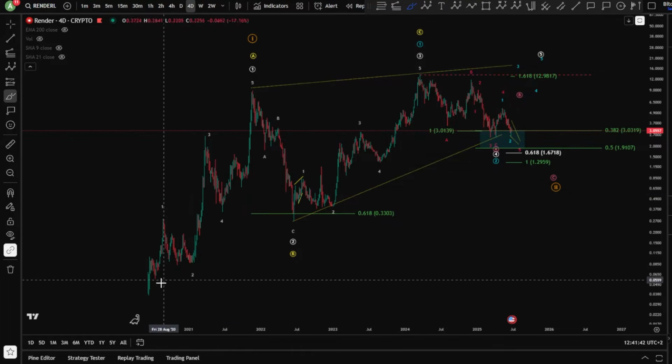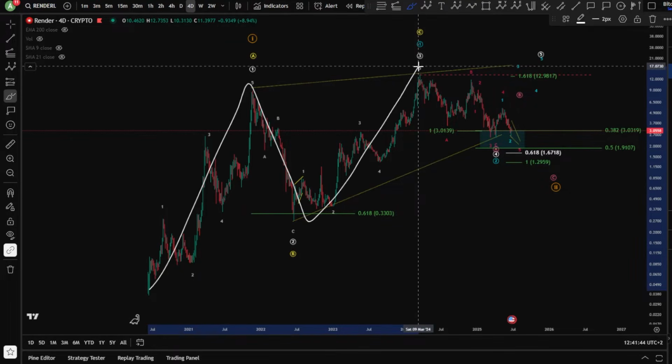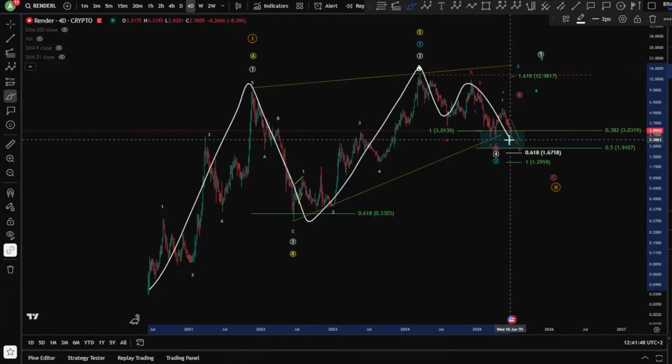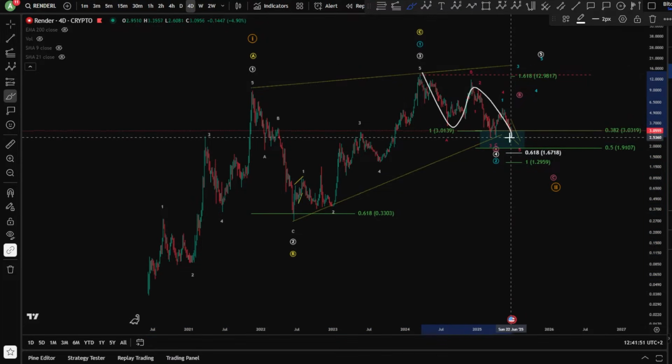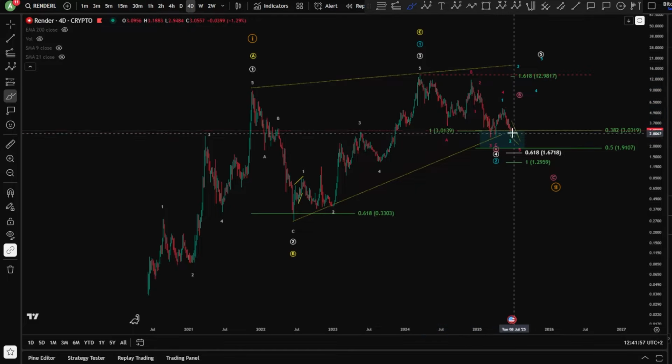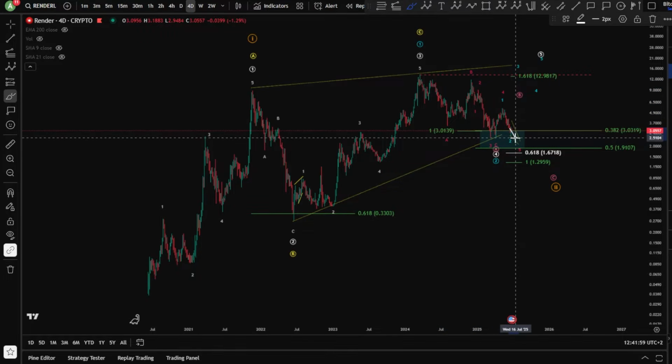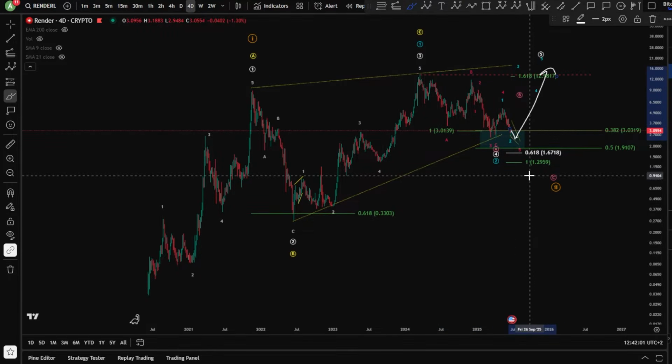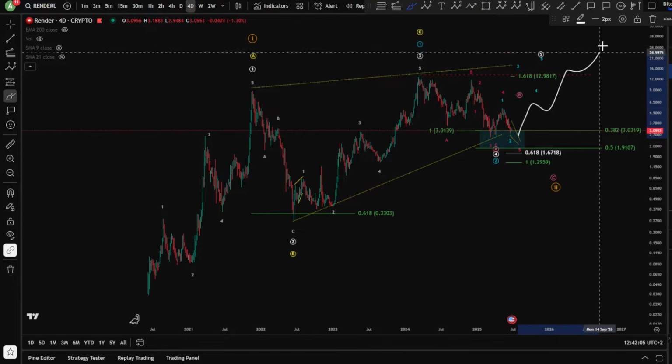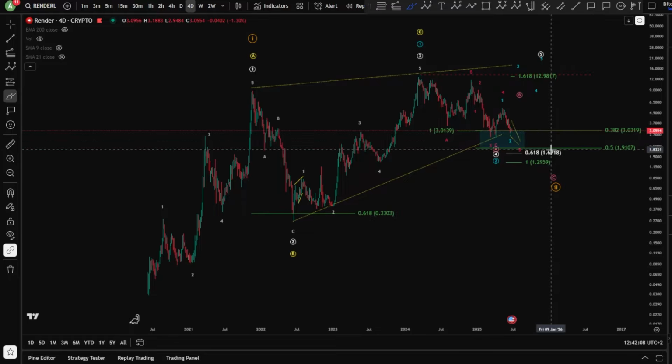So another scenario here is a finished ABC zigzag toward the upside, where you finished a wave A, you're looking for a wave B. This wave B is the same ABC that we got for the leading diagonal in the previous option. But in this scenario here, your wave B can still, of course, be looking for a little bit lower and then moving toward the upside again for a wave C impulsive 1, 2, 3, 4, 5 towards the upside.